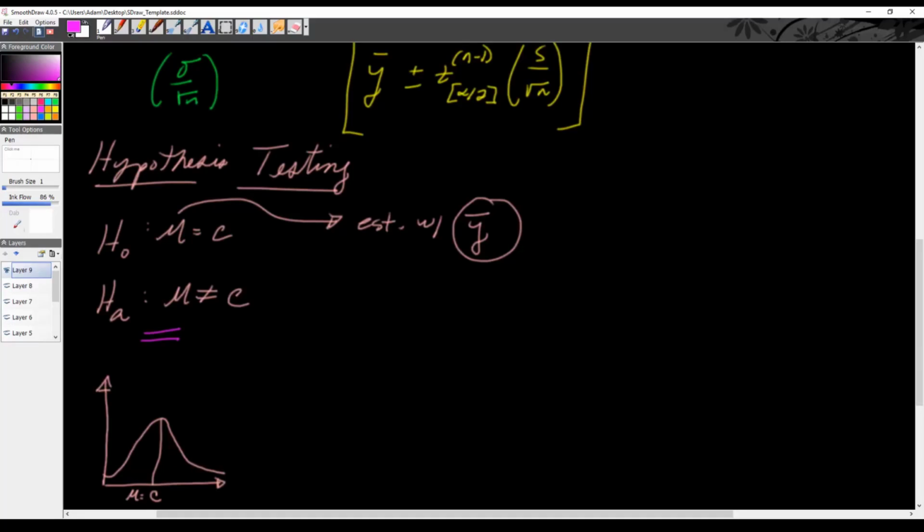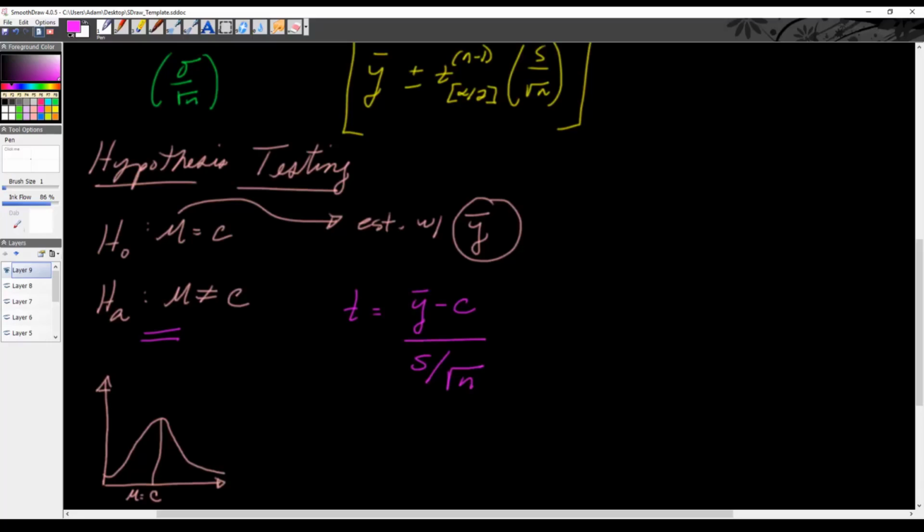Also remember, y bar and s are the mean and standard deviation of a sample of size n that has been randomly selected from the population having mean mu, and the t-value is simply equal to, in the context of hypothesis testing, y bar minus c divided by the standard deviation divided by root n.